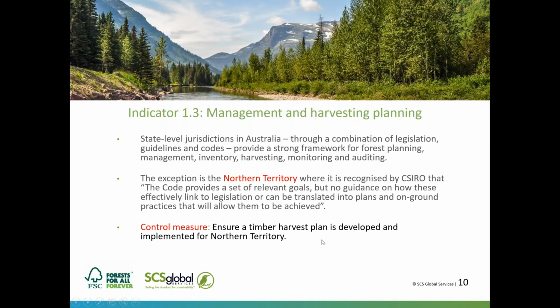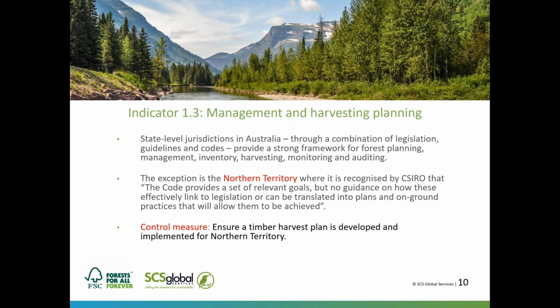So under 1.3, management and harvesting planning, the NRA working group found that pretty much across the board, everything is looking pretty good here, low risk, with the one exception of being the Northern Territory, where they quote the CSIRO, who said that there's a code that provides a set of relevant goals, but there's no guidance on how these effectively link into legislation or how they can be translated into plans and on-ground practices.